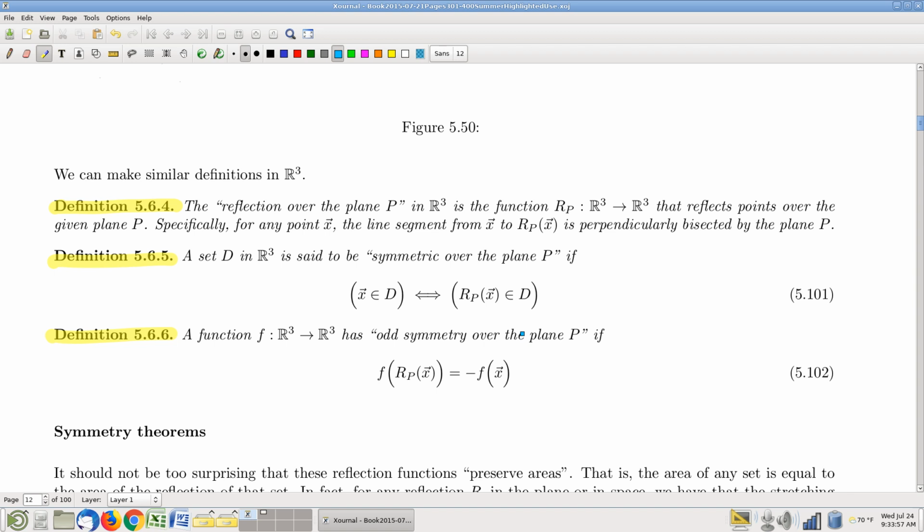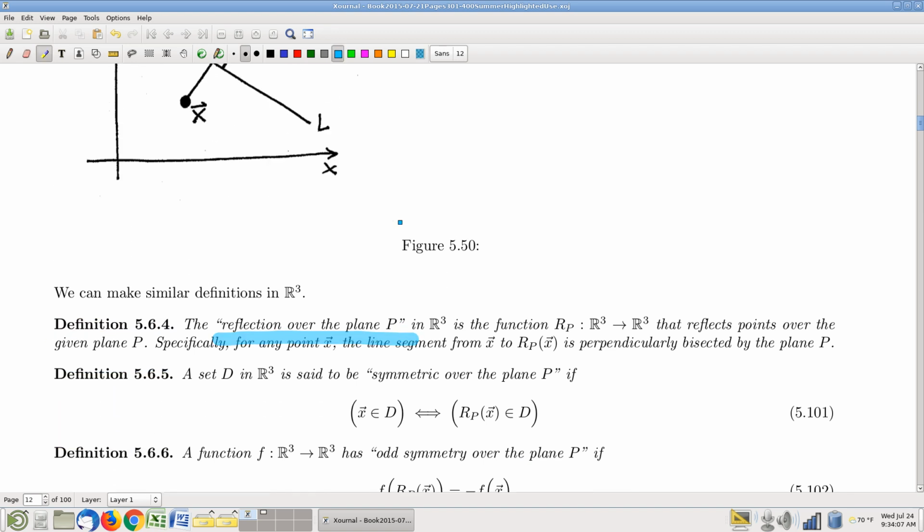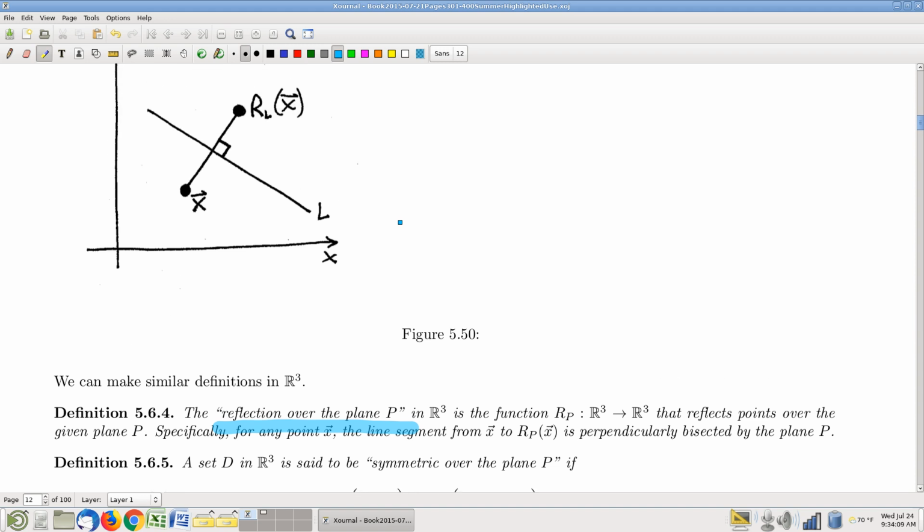Analogous definitions in 3 dimensions. Arguably even more natural, because if you think about reflection through a plane, it really is like a mirror, because most mirrors that we look at are planes, right? Funhouse mirrors at the circus aside. So if you have a mirror, and here's you.